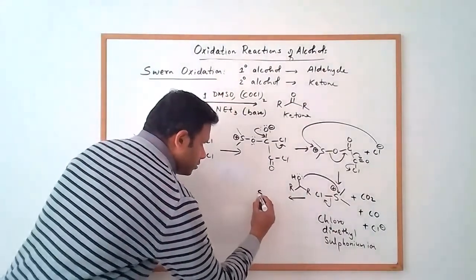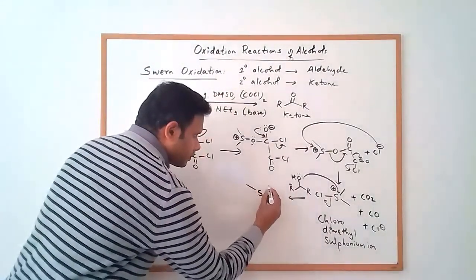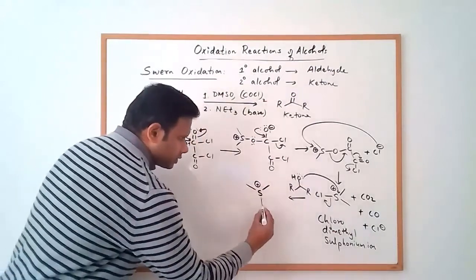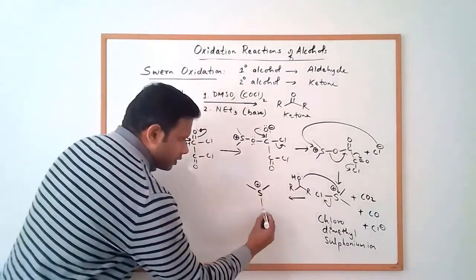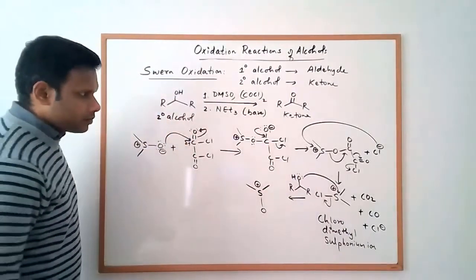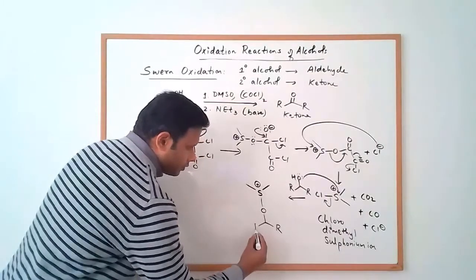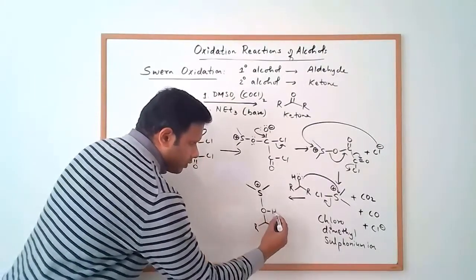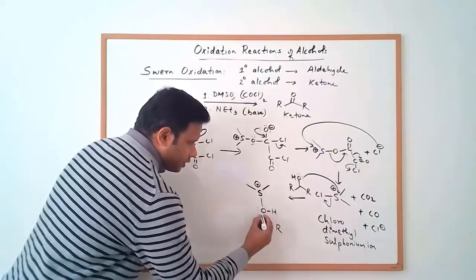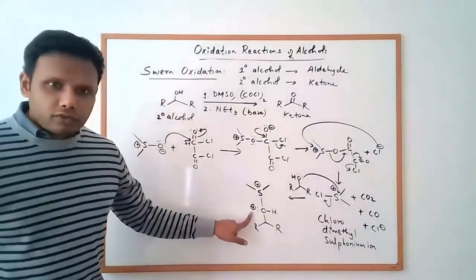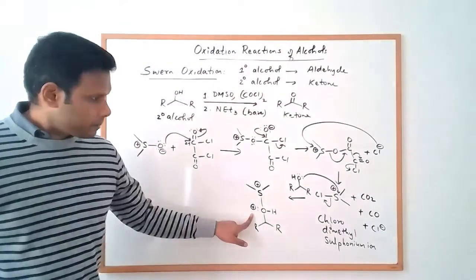such that we're going to create a new intermediate where that sulfur is positively charged, and we have the oxygen from the alcohol connected to it, and this oxygen would have a positive formal charge to it.